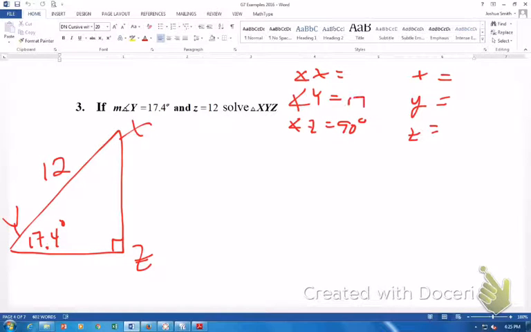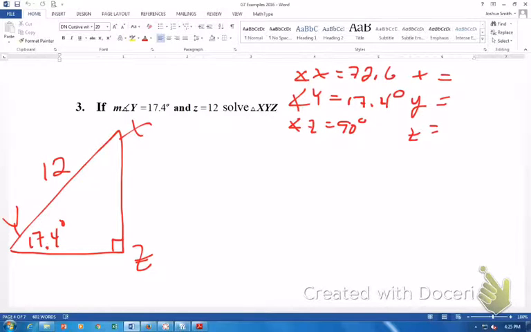We know that y is 17.4, which means that we can find x really quick. If we just subtract 17.4 from 90, then we'll get x, because the two acute angles in a right triangle need to be complementary. So this is 72.6. Piece of cake, no problem.